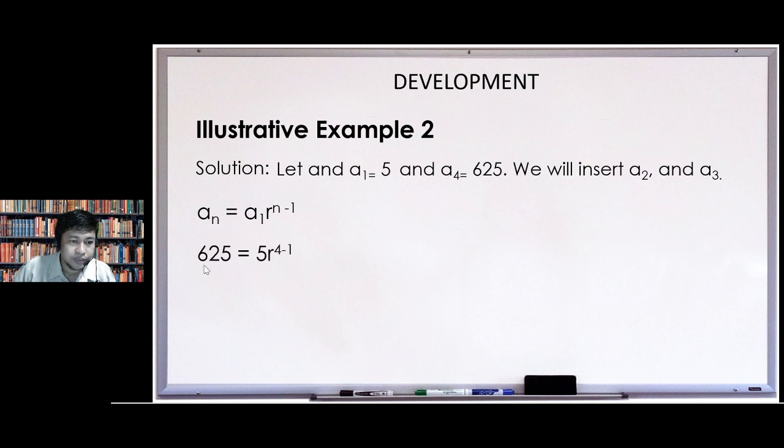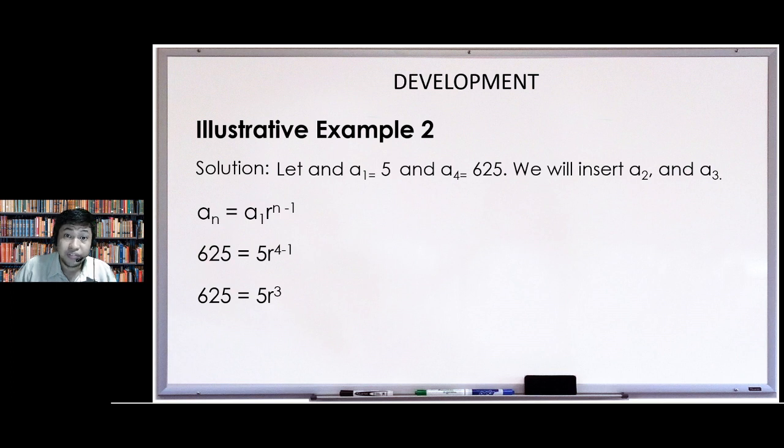We have now 625, which is our fourth term, is equal to the first term, which is 5, multiplied by the common ratio, raised to the quantity 4 minus 1. But 4 minus 1 here will become 3. So we will be having 625 is equal to 5r cubed.